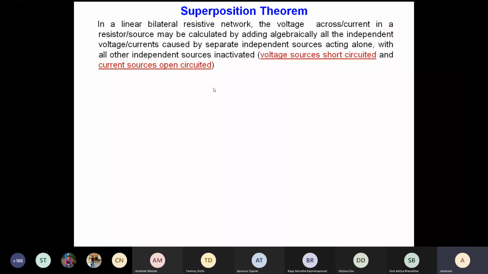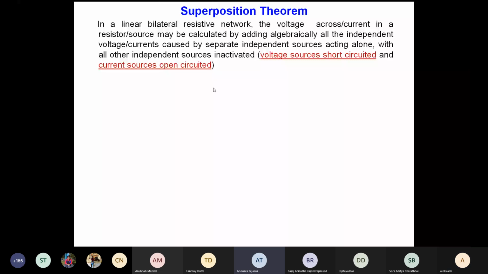By inactivated, we mean voltage sources short circuited and current sources open circuited. You have to meticulously do this when we solve circuits using the superposition theorem. We'll do many circuits and examples in the class from the books I will refer to, and you can do the same examples by any other method and verify with the results of the superposition theorem.